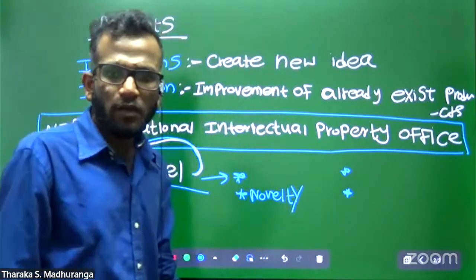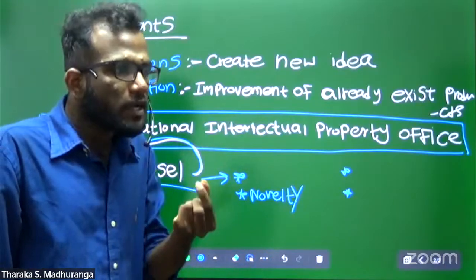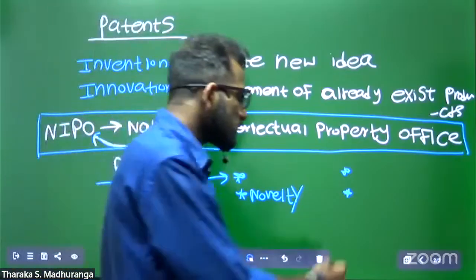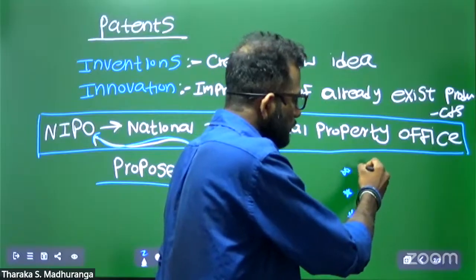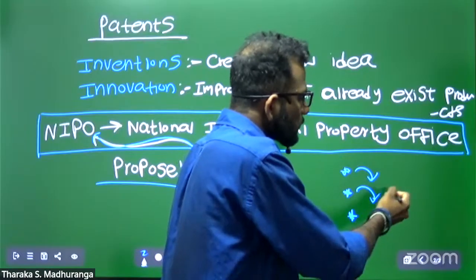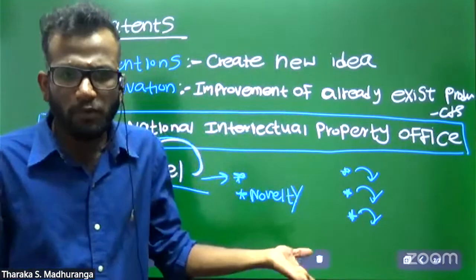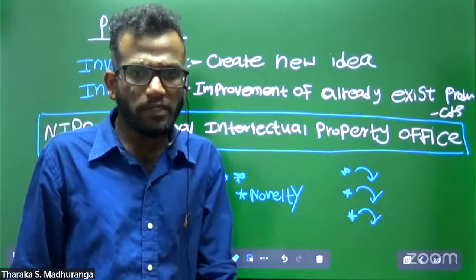Second chance, they give another chance if there are any improvements to make. At the third time, if it is rejected the first time, the second time, and the third time, you can't apply for a patent again. Then you have to go for another innovation.